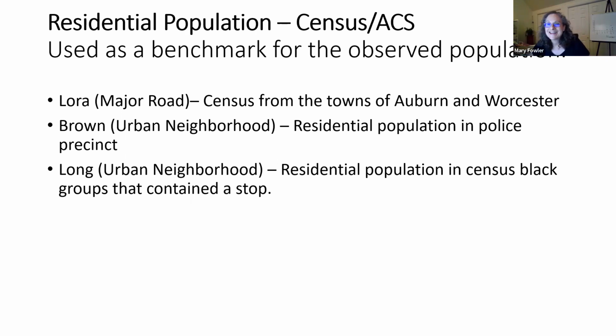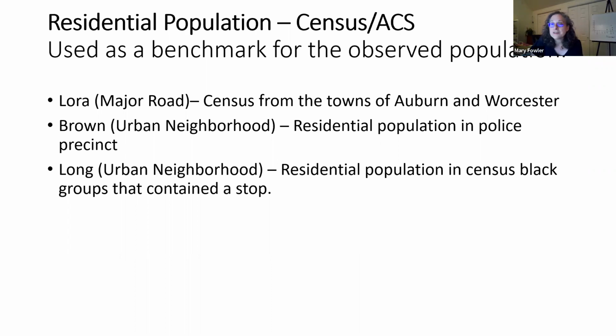Residential population was again used in the Brown case, a few years ago, in an urban neighborhood in Boston. And here, the racial distribution of the police district that the officers were involved in was used to estimate the racial distribution of the observed population.